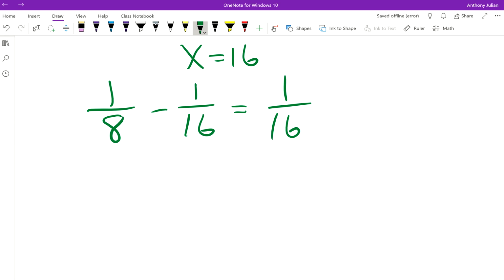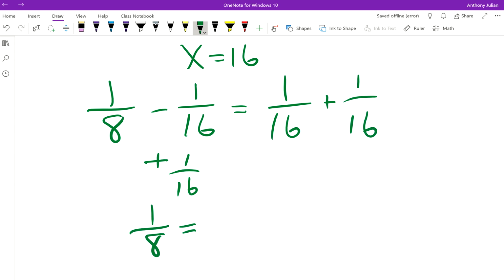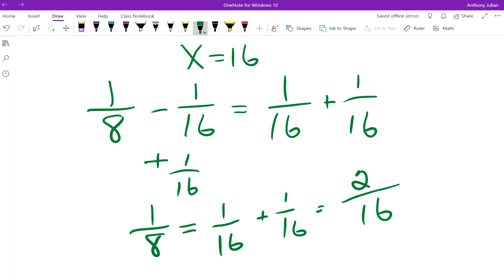Well, 2/16, yeah, that's going to be it. If I added 1 over 16 to both sides, then that would say that 1 over 8 equals 1 over 16 plus 1 over 16, where the denominators are already the same, and I add the numerators, it's 2. 2 over 16 equals 1 over 8. So have no fear, it just didn't look right to me at first.